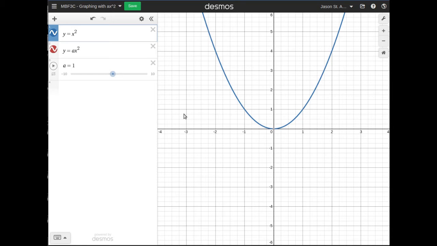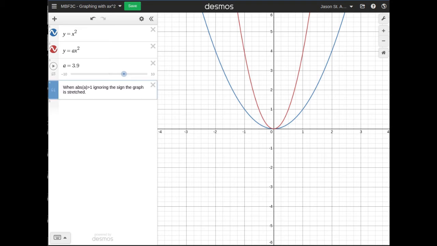So now, what happens when we have an a value that is bigger than 1? If we choose our a value to be bigger than 1, let's say it's 4, basically what happens is our graph gets skinnier, all right? And because it gets skinnier, we call it stretched.